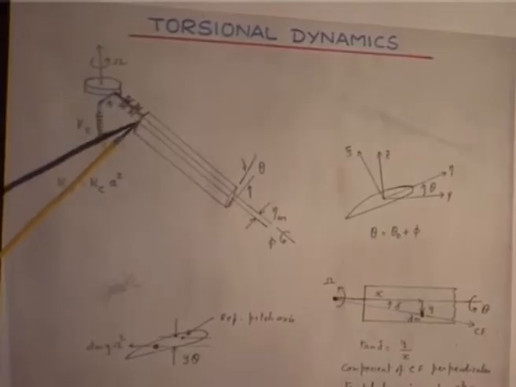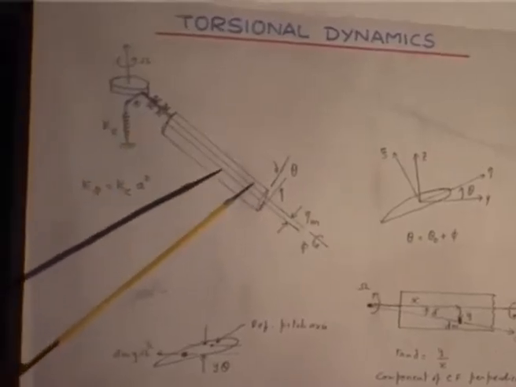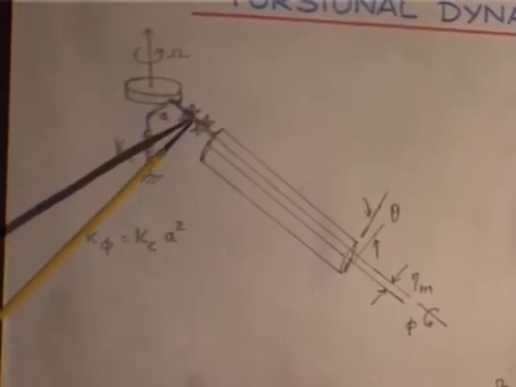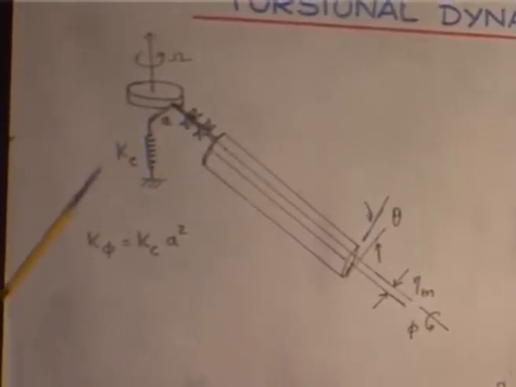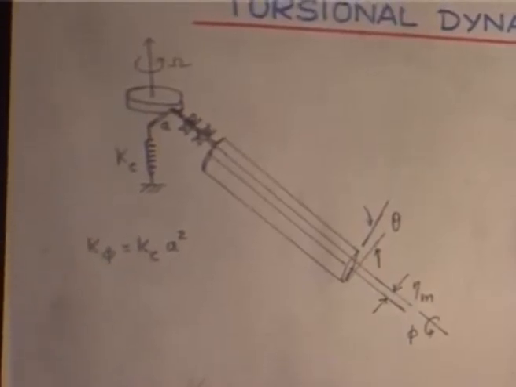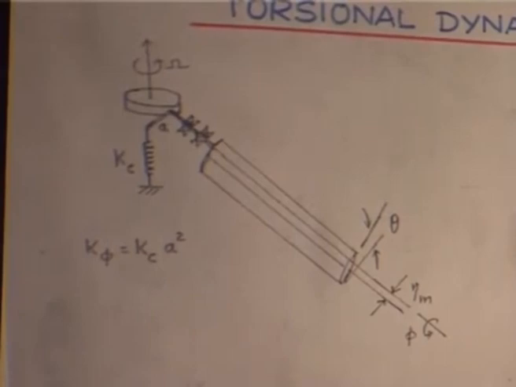The blade is a rigid blade, straight, and it has a pitch bearing, and you have a control rod, because that is the one which moves up and down to give a pitch angle change.